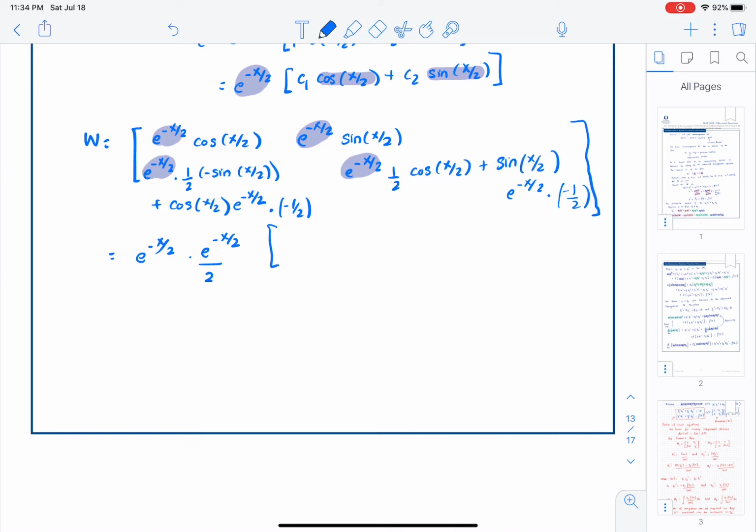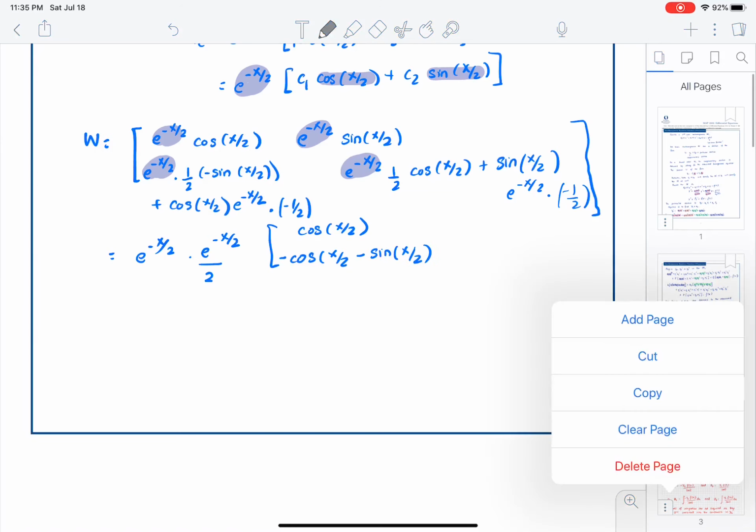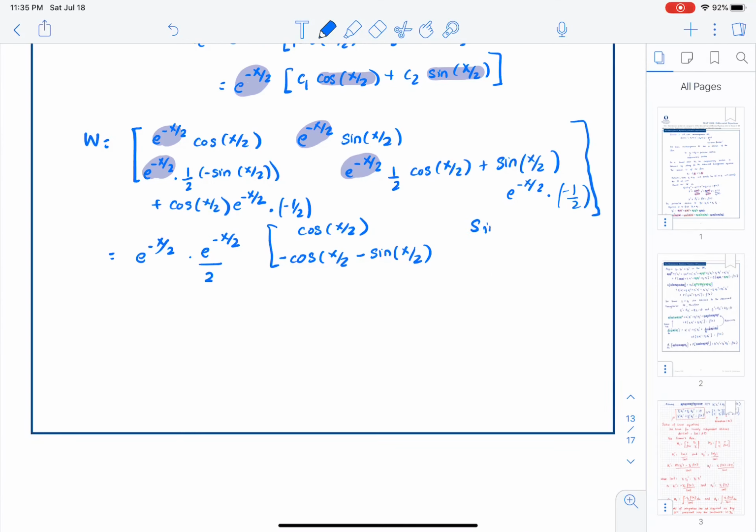And that would give us cosine x over 2, with a minus, and minus sine x over 2. And the second term would be sine x over 2, and we pull the 1/2 out, e raised minus x over 2 out, so we would have cosine x over 2 minus sine x over 2.